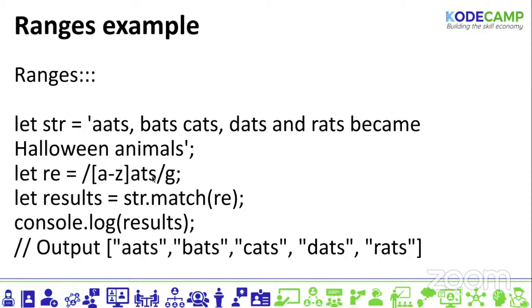Say globally check for characters that start with A, B, or C till Z, and then after that the other characters should be A, T, S. So I can match that like this. So I hope that is clear.